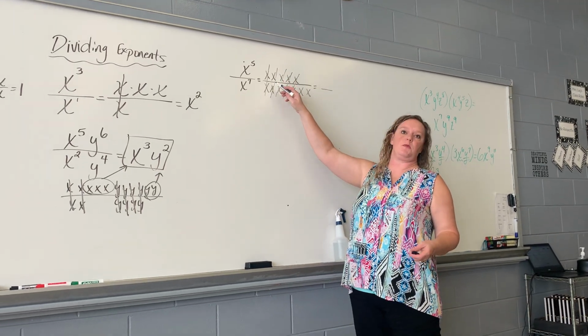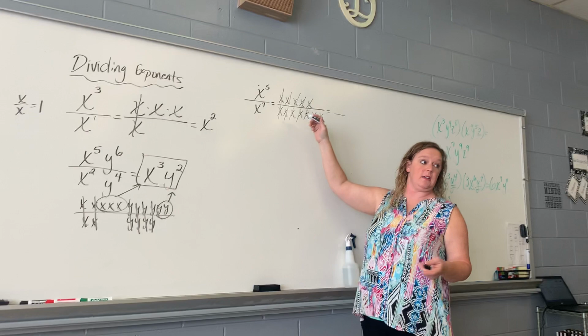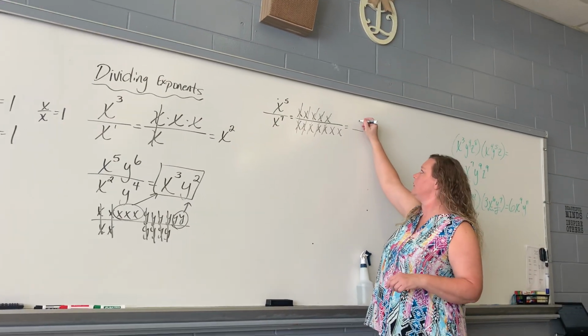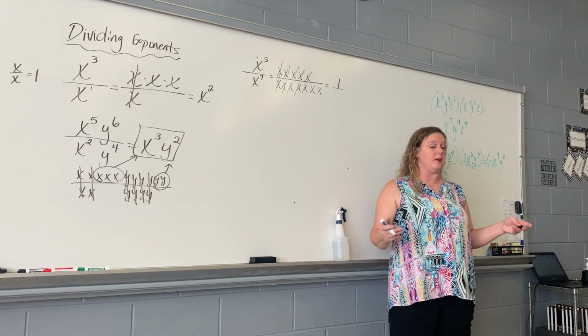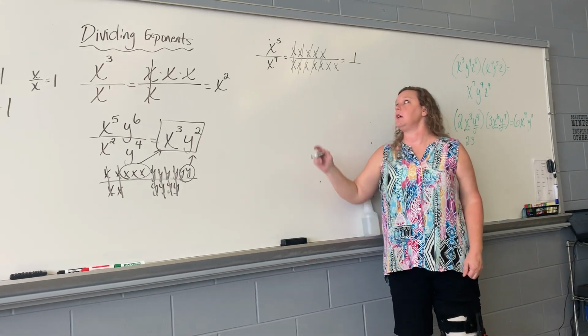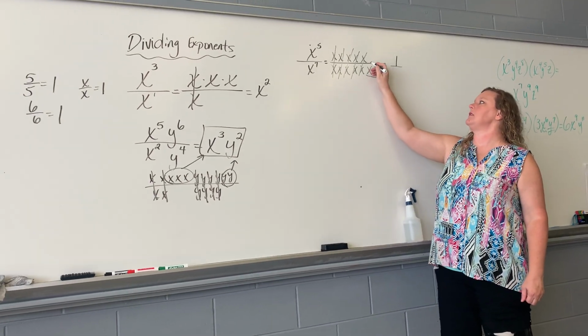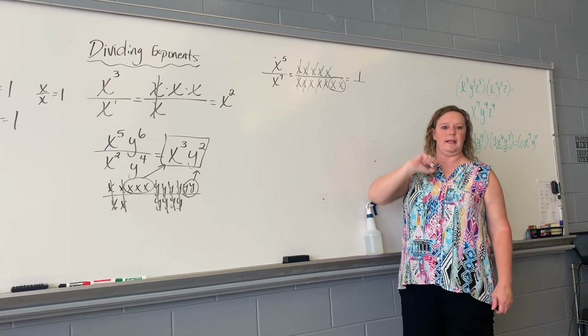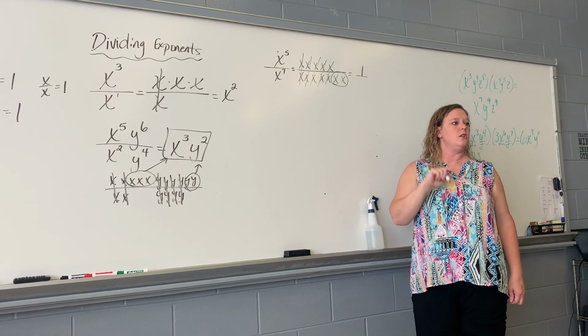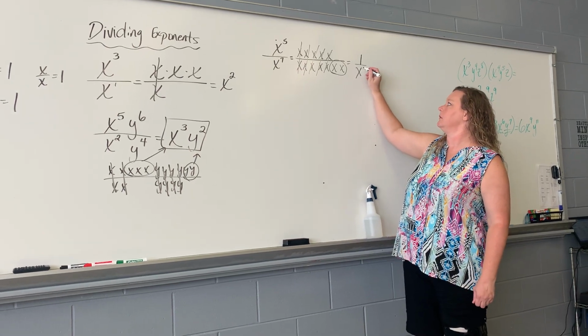So 1 times 1 times 1. Well, 1 times anything is just that number, so it's 1. When it all cancels, you put a 1 there on top. So what are you left with on the bottom of this fraction? X times x, 2 x's being multiplied, so it would be x to the 2nd power.